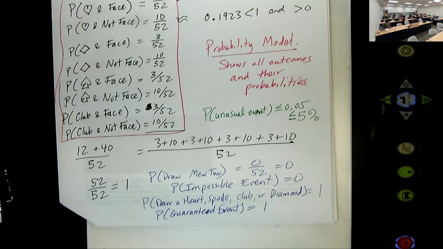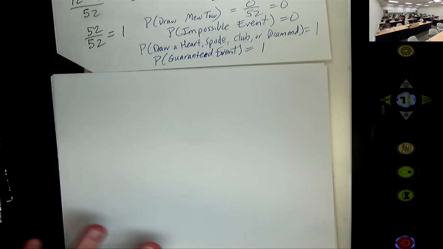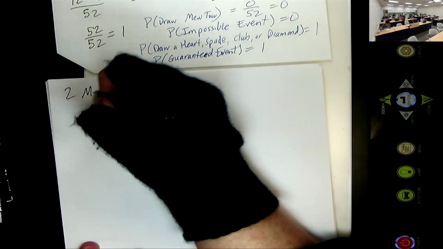So we've got two methods to probability.